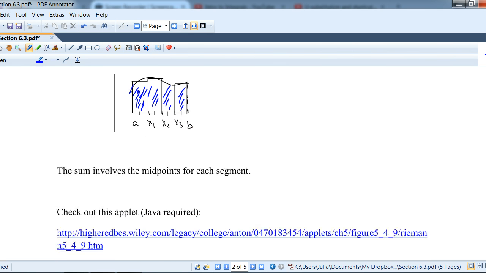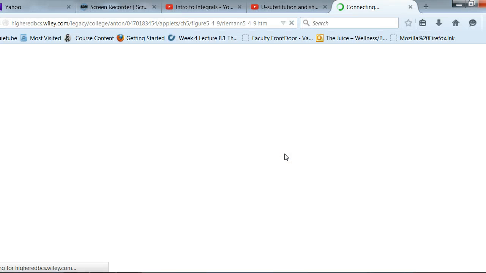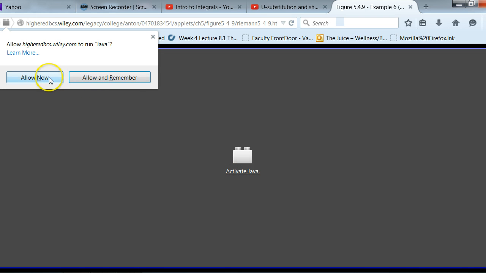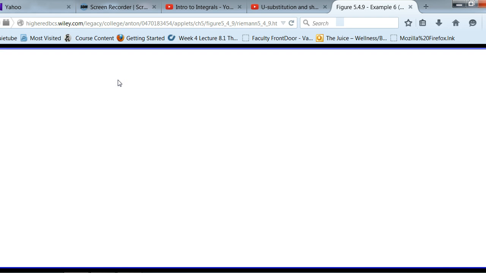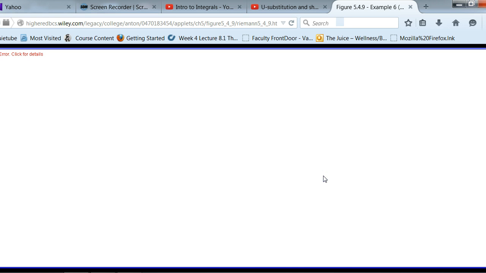And here is a quick little applet that, let's see if it actually works, but I could show you. Let me quickly show you if my Java would actually work. Okay, it may not. So let me go back.